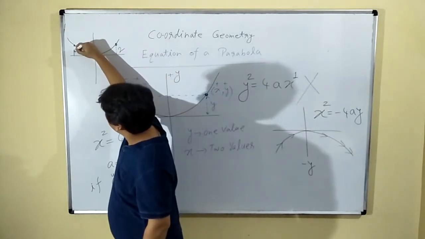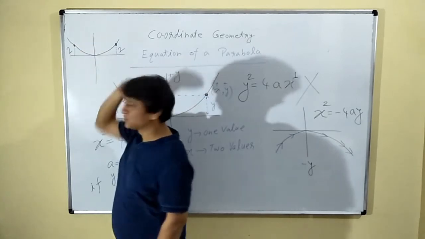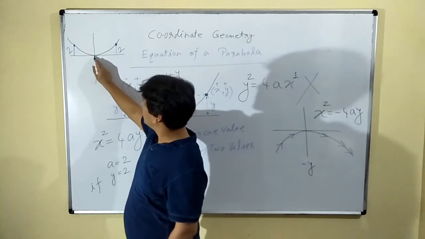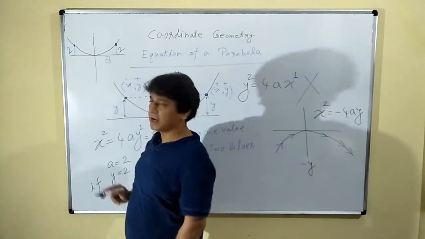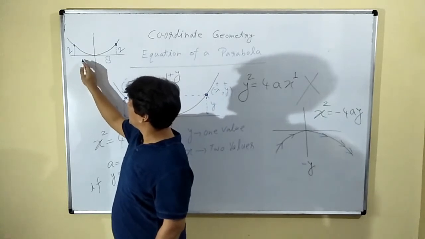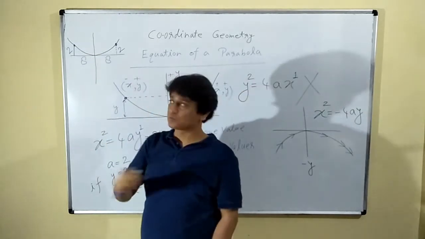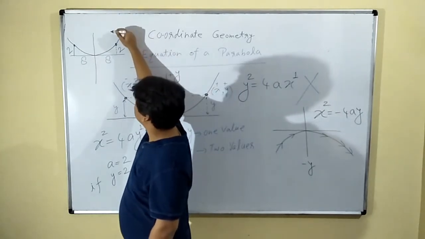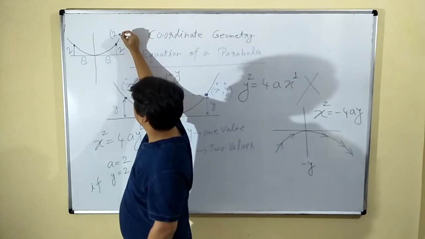When I'm at this point, again, height is what? 2. जब आप इस पोजीशन पर हैं, यहां से यहां तक का डिस्टेंस है 8. जब आप इस पोजीशन पर हैं, यहां से यहां तक का डिस्टेंस, I said distance is what? 8.